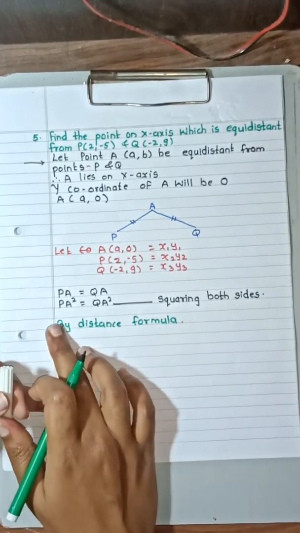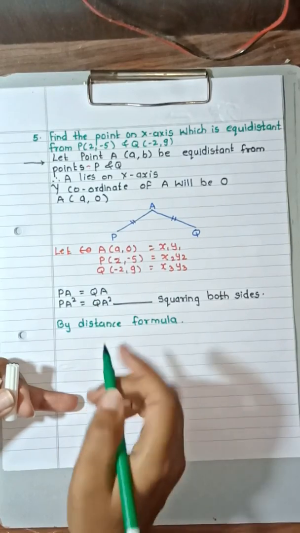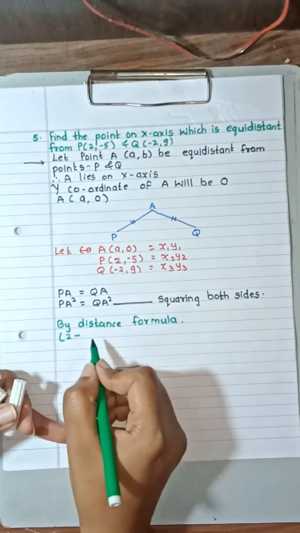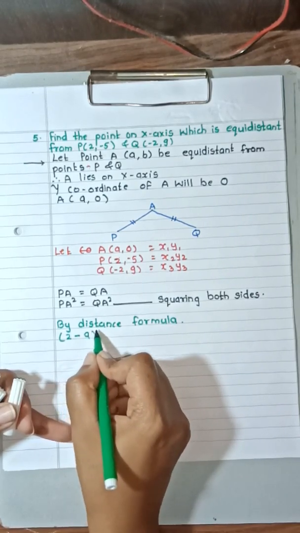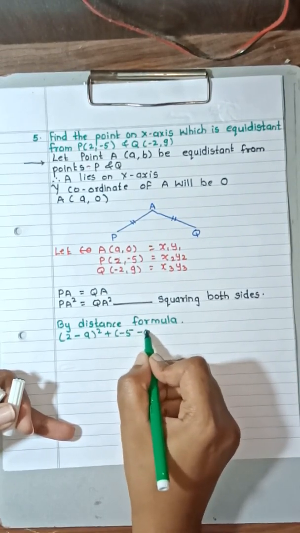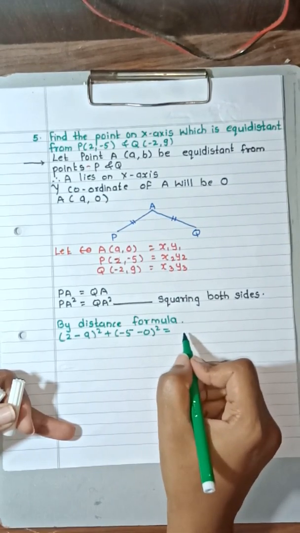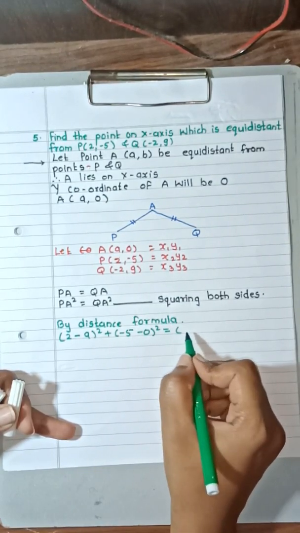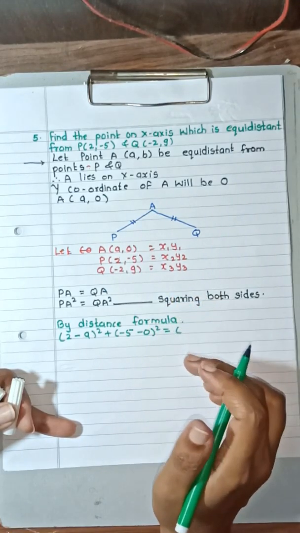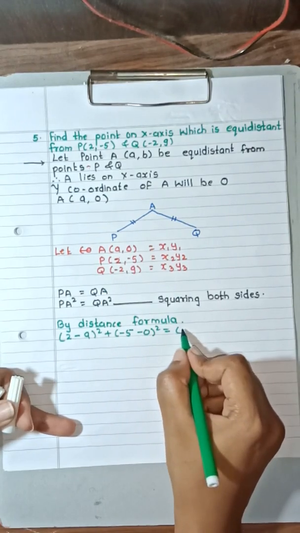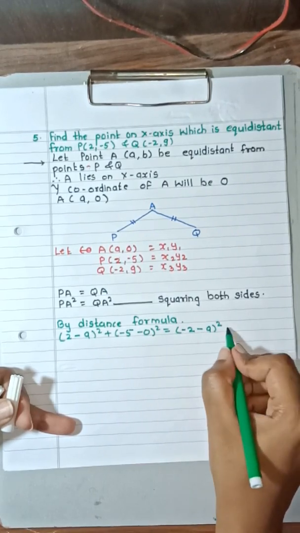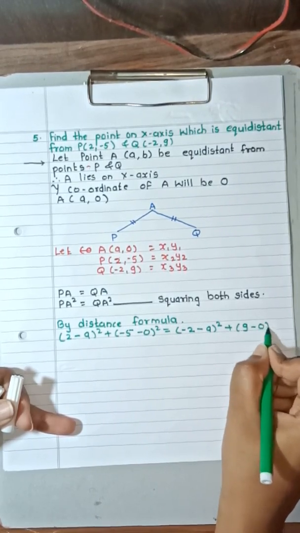Okay, so now here what we'll do, we'll put the value of P as well as A. So distance formula, that is x2 minus x1, that is (2 minus a) bracket square, plus y2 minus y1, that is (-5 minus 0) bracket square, that is equal to, here also the same thing for Q. Okay, that will be x3 minus x1, that will be (-2 minus a) bracket square, plus (9 minus 0) bracket square.